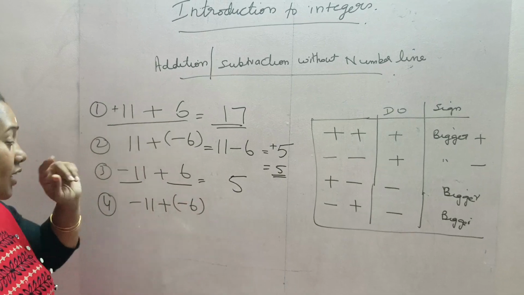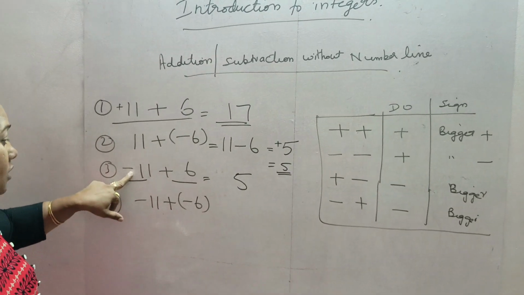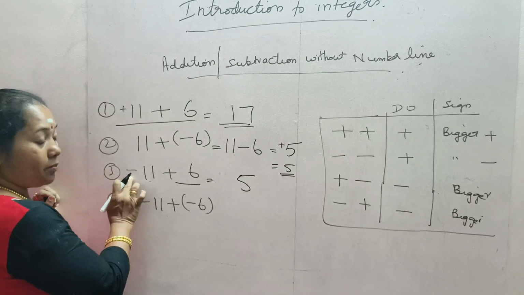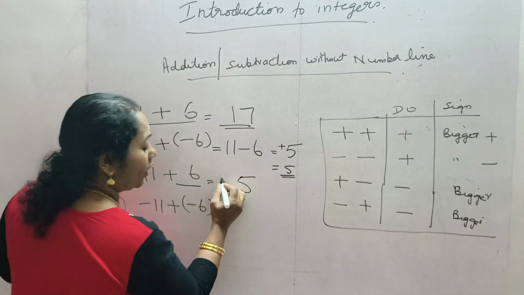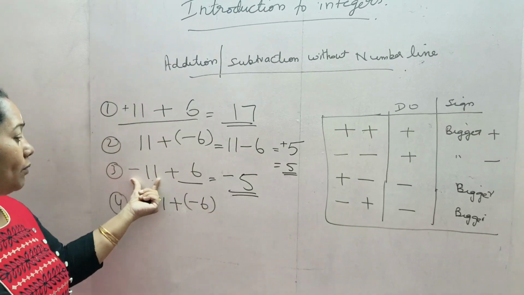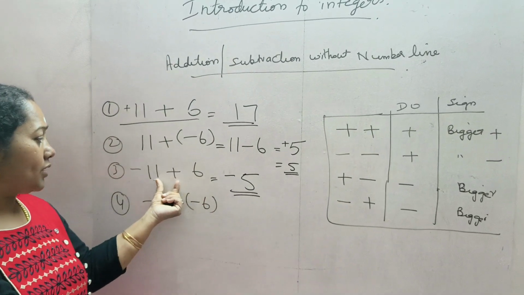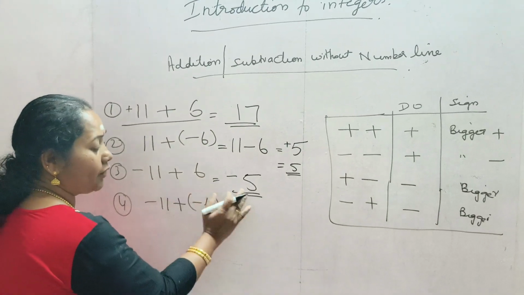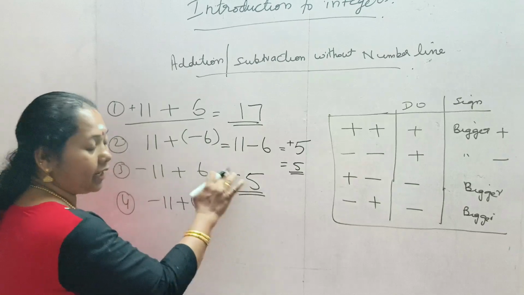So we consider the bigger number's sign. The sign of minus 11 is minus. So we put the sign as minus. So for minus 11 plus 6, with minus and plus, we do subtraction and take the bigger number's sign.